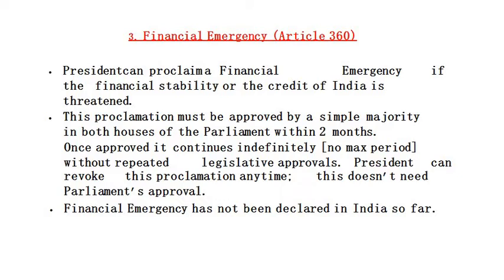This proclamation must be approved by a simple majority in both houses of the Parliament within 2 months. Once approved, it continues indefinitely, with no maximum period, without repeated legislative approval. The President can revoke this proclamation anytime. This doesn't need Parliament's approval. The financial emergency has not been declared in India so far.